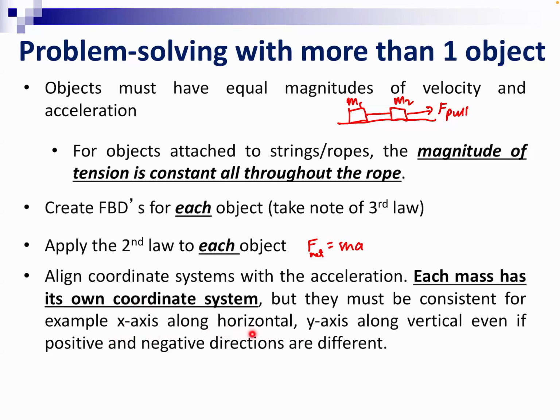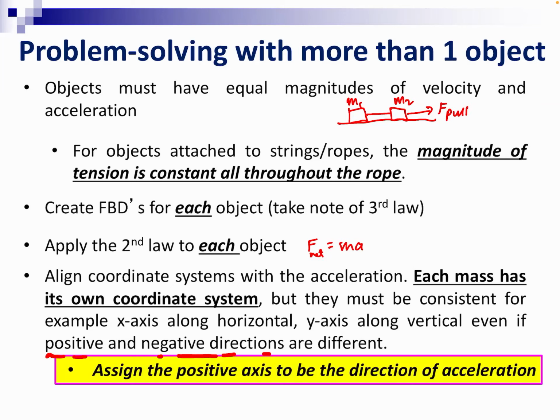You have to be consistent: if you choose the x-axis to be along the horizontal and the y-axis to be along the vertical for one object, the second object should also have the same orientation for the x and y axes, even though you can assign different directions for negative and positive directions. Why can the directions be different? Well, we will assign the positive axis to be in the direction of acceleration.